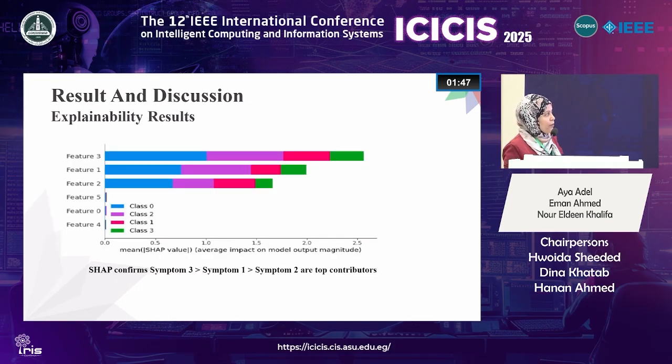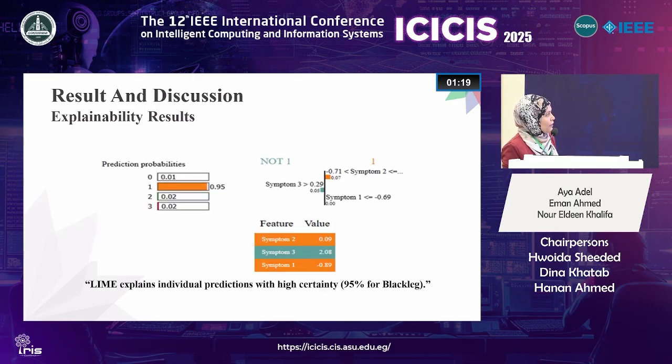To explain the predictions and know the relationship between each feature and its effect on the classification, we use the SHAP diagram, and in the notes we see that features 0, 4 and 5 do not affect any class, but feature 3, feature 1 and feature 2 affect the classification mostly. And to explain the predictions, we use LIME explanations.